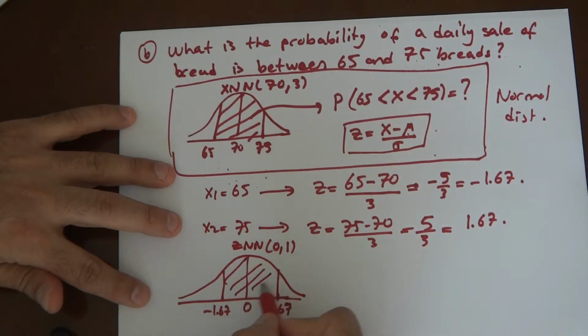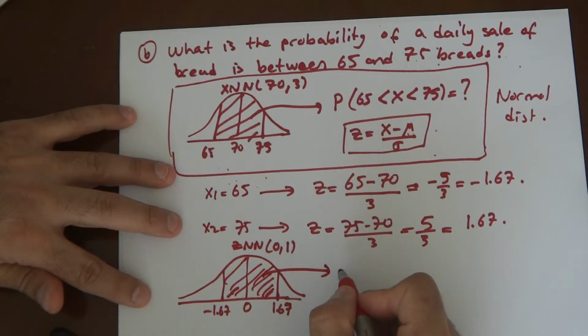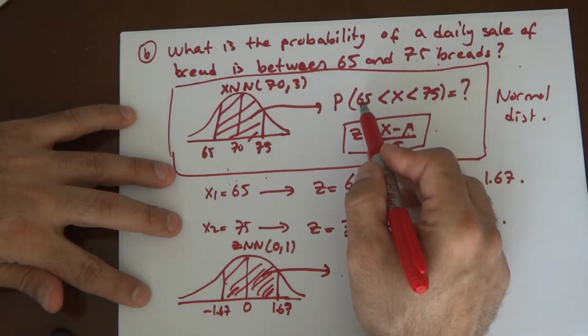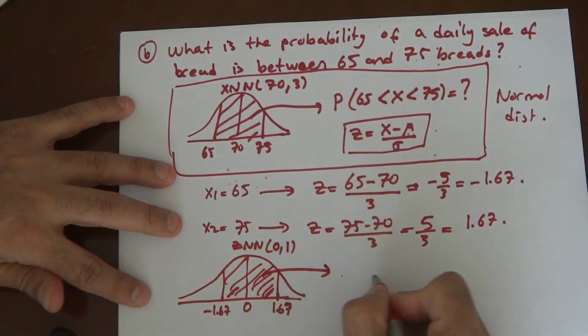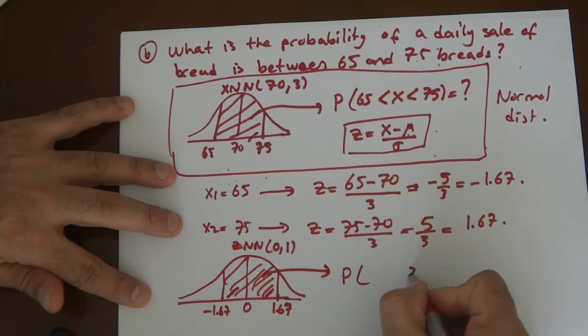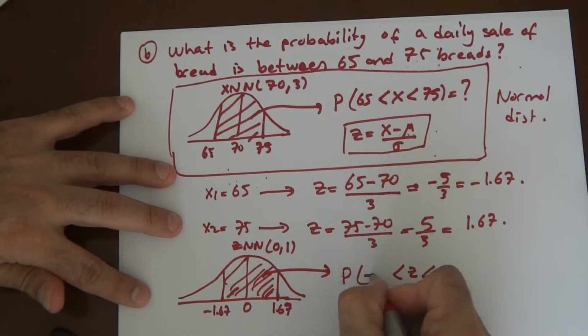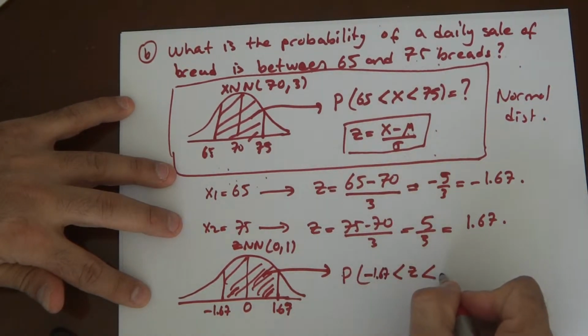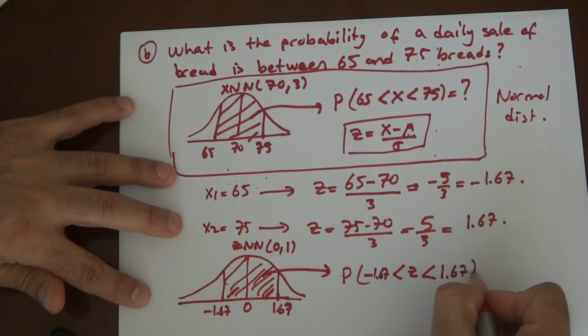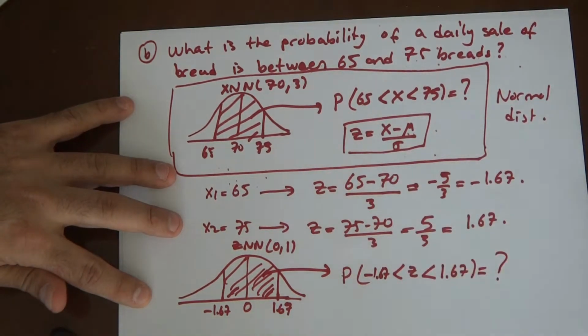I haven't solved the problem yet, I'm just transforming everything. The probability of X between 65 and 75 becomes the probability of Z between negative 1.67 and 1.67, which is again the question.